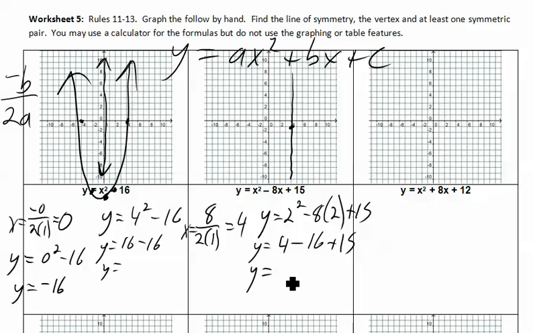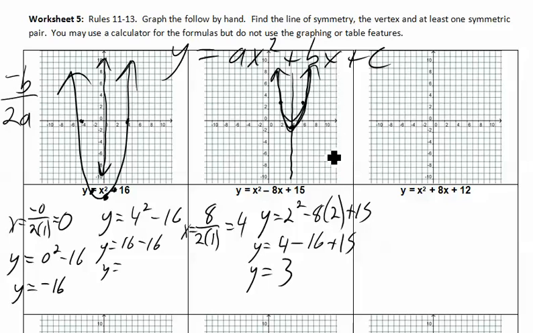So when x equals 2, y equals 3. So 2, 1, 2, 3. And we'll have another one on the other side. And that looks pretty good. I should be able to draw my parabola pretty well. I didn't get quite down to the bottom there. There we go. And remember, it goes on forever.